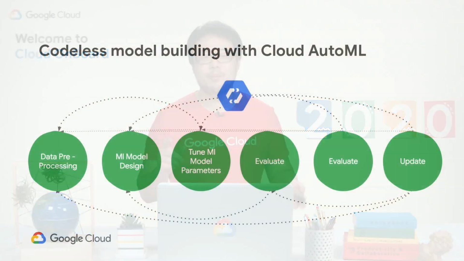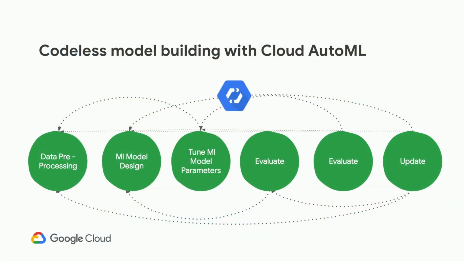So we basically help you to do the data pre-processing. We do the ML model design. We tune the ML model parameters, and then we do the evaluations, and we do the update, and we do the evaluation, we do the update, and so on, and then finally we find that yes, now it's kind of the stage that we believe the model is good, kind of okay, that we're going to give it to our users.